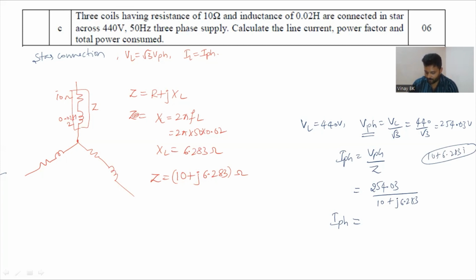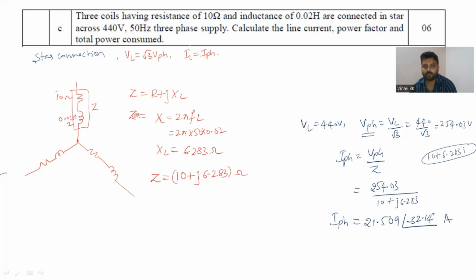So you can get 21.509 at an angle of minus 32.14 degree amperes. They asked you to find line current. You got the value of phase current.